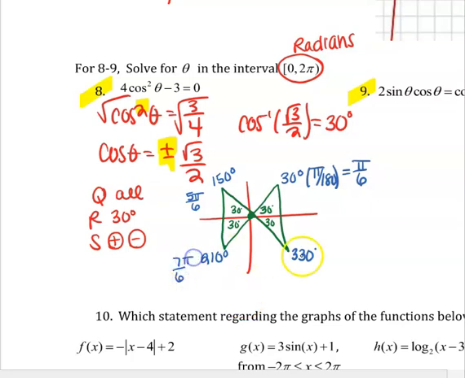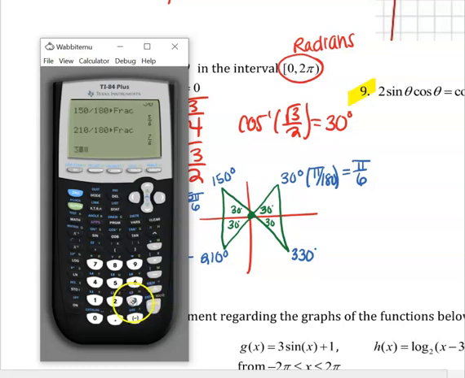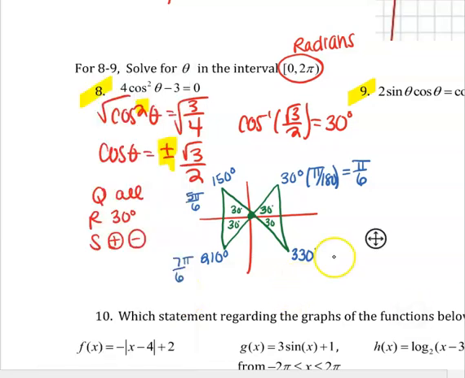So 7 pi over 6. And then lastly, 330 divided by 180 is 11 pi over 6. So final answers, pi over 6, 5 pi over 6, 7 pi over 6, and 11 pi over 6. And those are in radians.